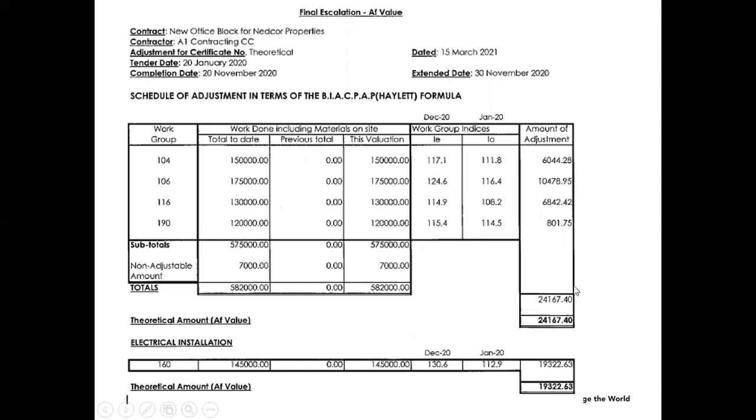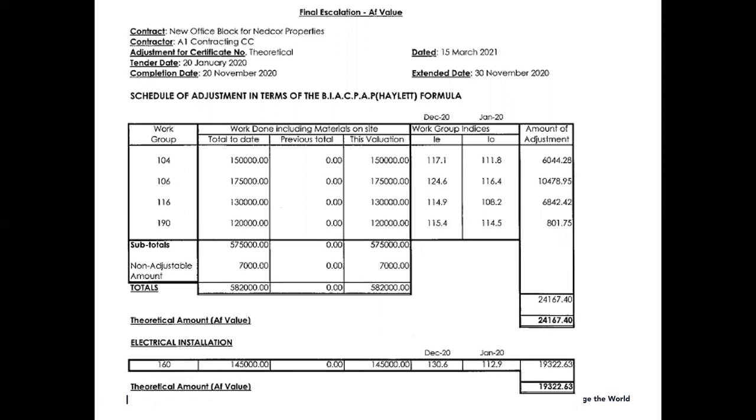So therefore, this is a theoretical amount. It is not escalation. The same for the electrical installation. You'll spread the 145 at practical completion over the contract period. Good. So that's the AF value.